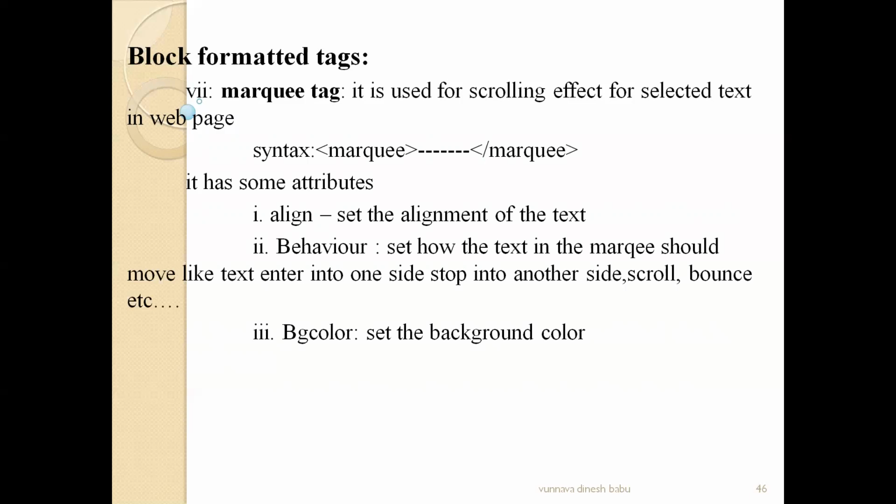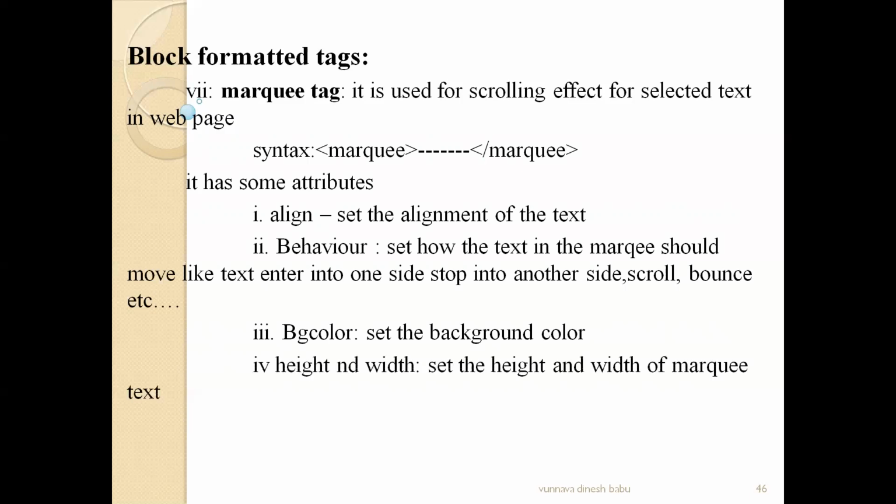Align is used to align the text on the left, right, or center of the screen. Behavior decides how to move the text: from left to right, right to left, top to bottom, or bounce, etc. Background color, we can set by using bgcolor. The height and width of the text can be changed by using the height and width attributes.